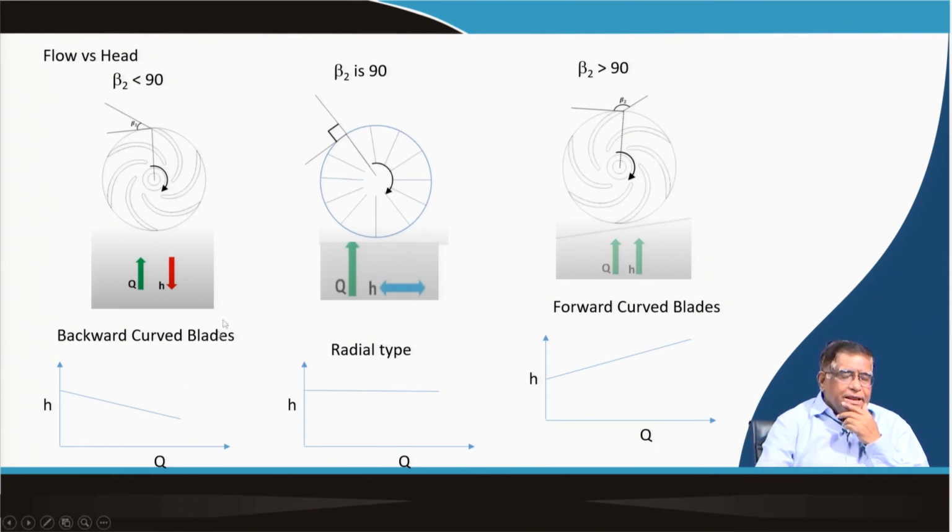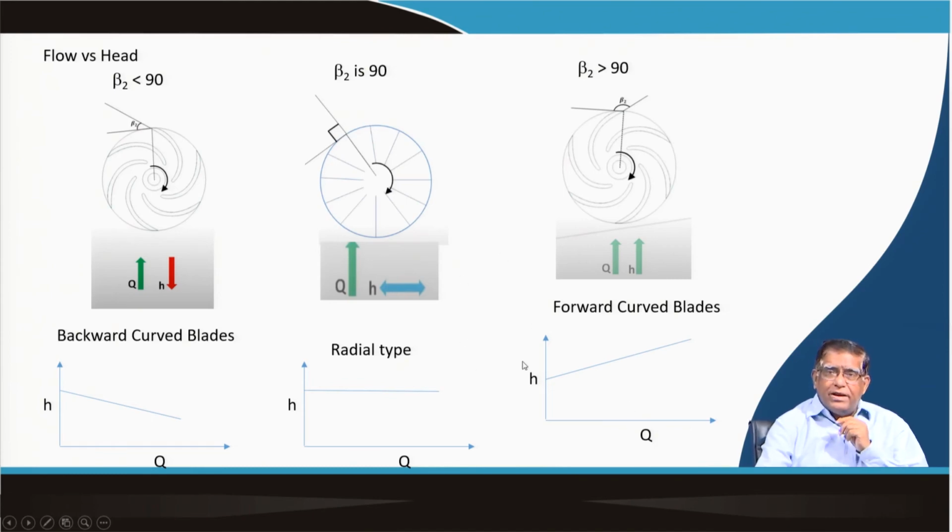In the case of backward curve, the head goes down, that is, as the quantity increases, the head decreases. But in the case of forward curve, as the quantity increases, the head increases.